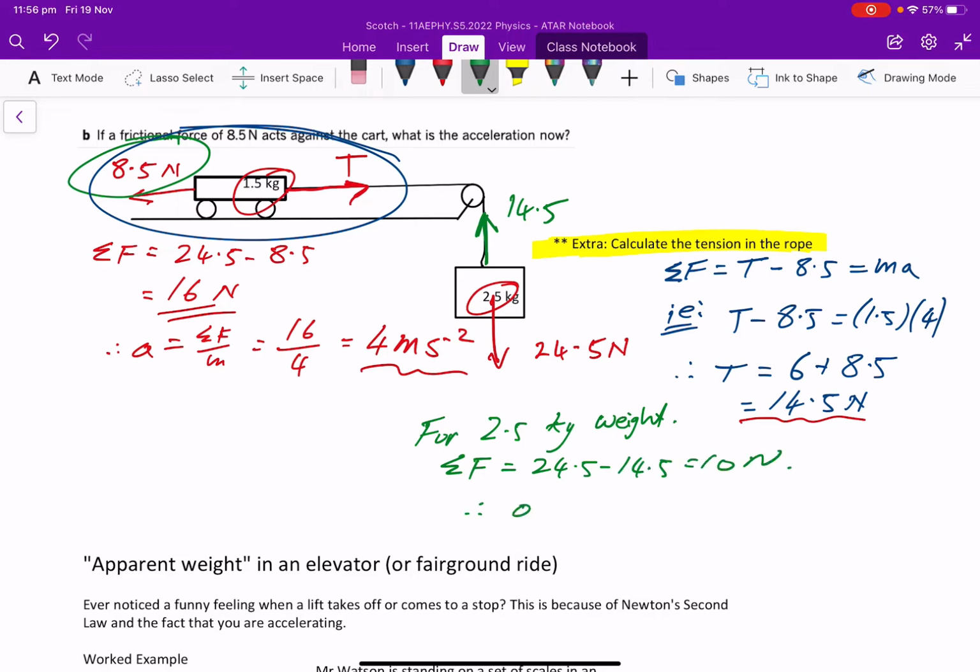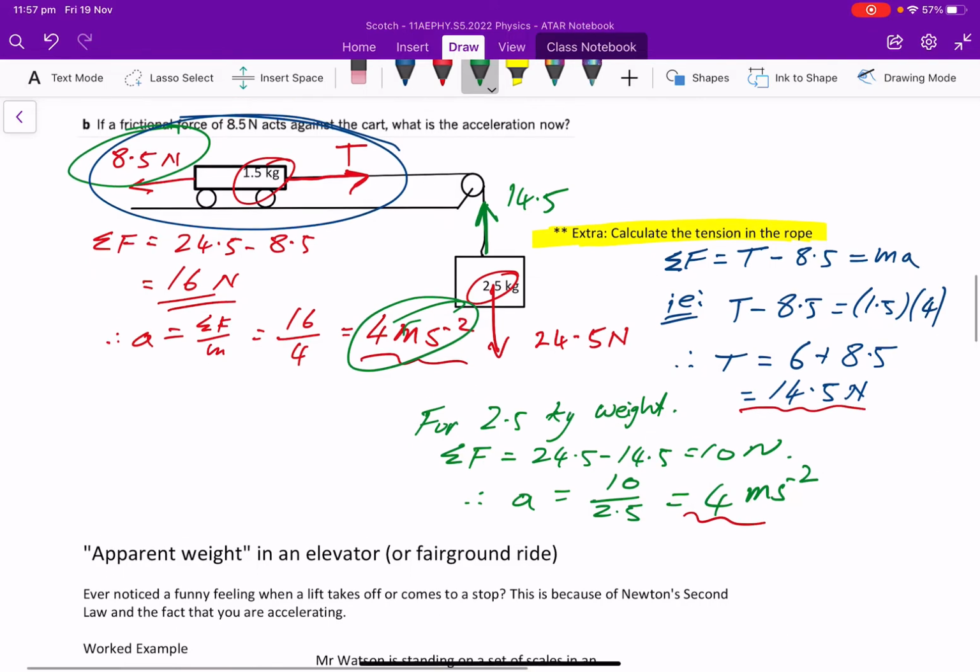So therefore, we would expect the acceleration to be 10 over the 2.5, which is 4, which is indeed what we knew all along from the previous part of the question. So we've double checked that, and in fact you could have used this weight at the bottom to find the answer, because that tension is the same. Right here. Digest this, watch it again if you need to.